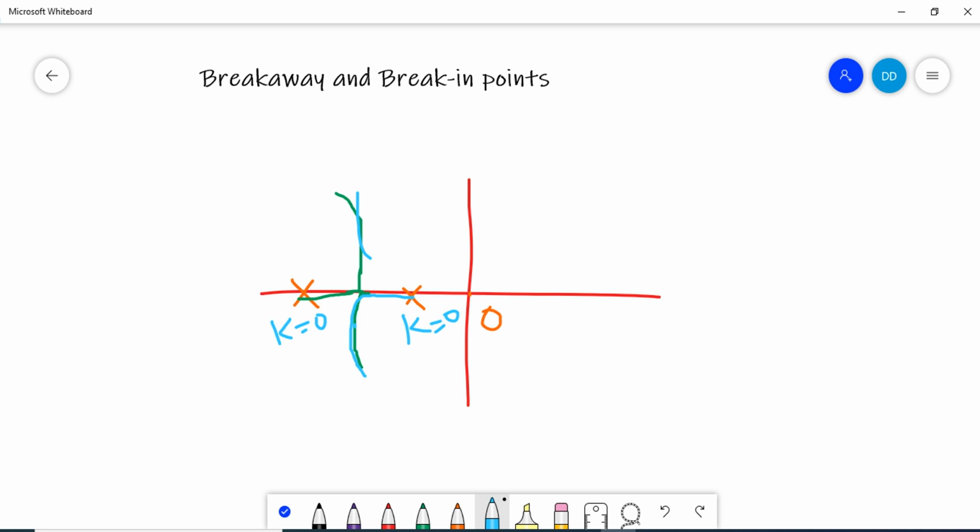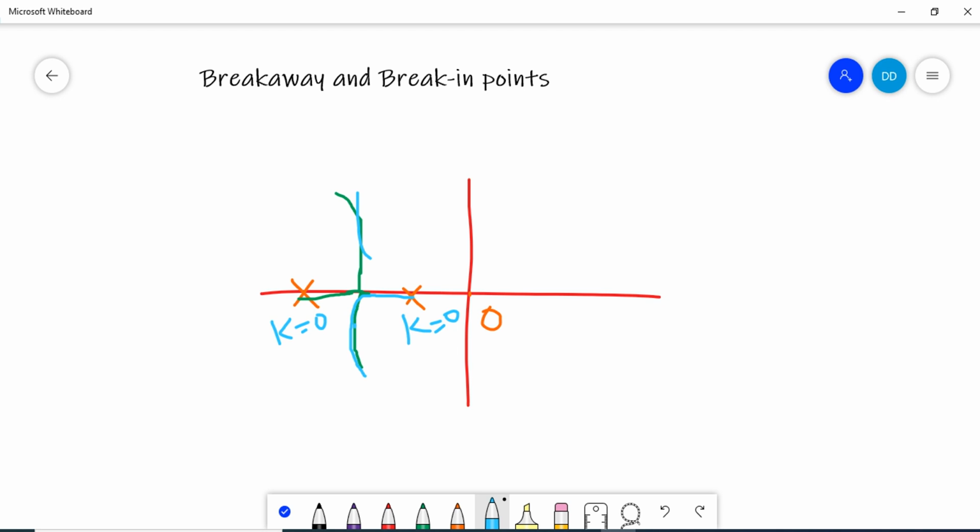You need to remember that if you have two adjacently placed poles as you have seen here, then there exists a minimum of one breakaway point in between the adjacently placed poles.